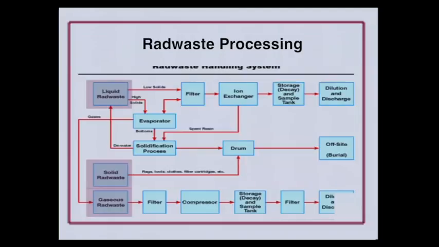As you use this when you go back and look at the different methods that we will talk about, you'll see that there's kind of a crossover between liquid and solid, in that in the evaporation process, after you get rid of the water, you actually are generating a solid that has to be processed. And this shows a solidification process as being one of the means for doing that, going into a drum.